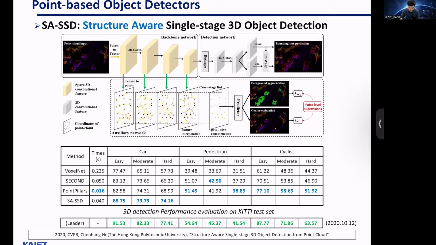I'm not going to describe every network during lecture, but as you can see, the point cloud based object detector also evolved over the last 7-8 years or so, and their performance has been improving over time, as well as their inference speed has substantially improved, because usually these applications are robots and autonomous vehicles.